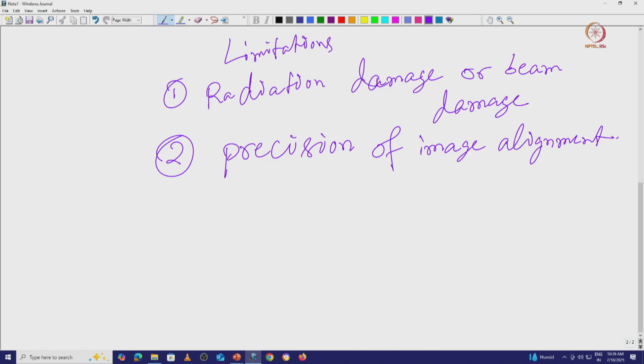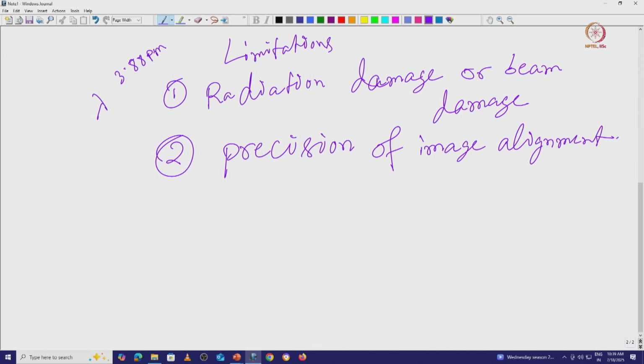First let me discuss a little bit about the radiation damage. As I mentioned previously, we are using an electron beam, and its wavelength is a very small size, 3.88 picometer for 100 kV, 2.74 for 200 kV, and 2.24 for 300 kV.